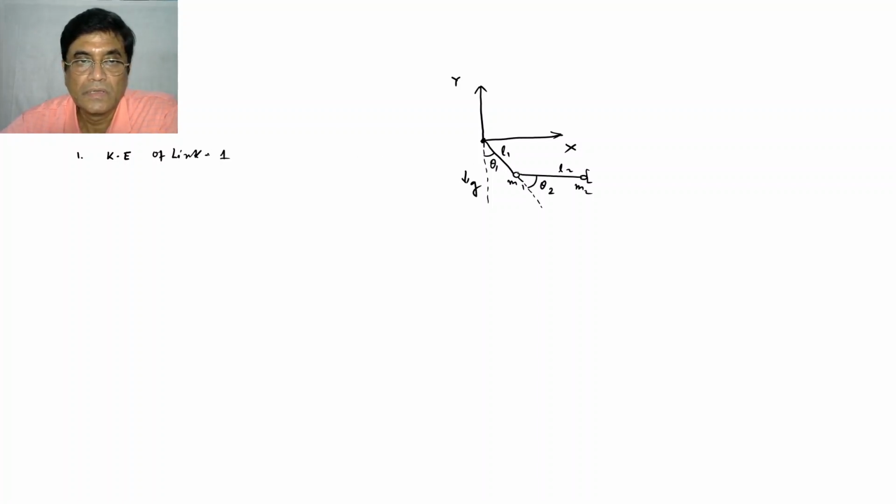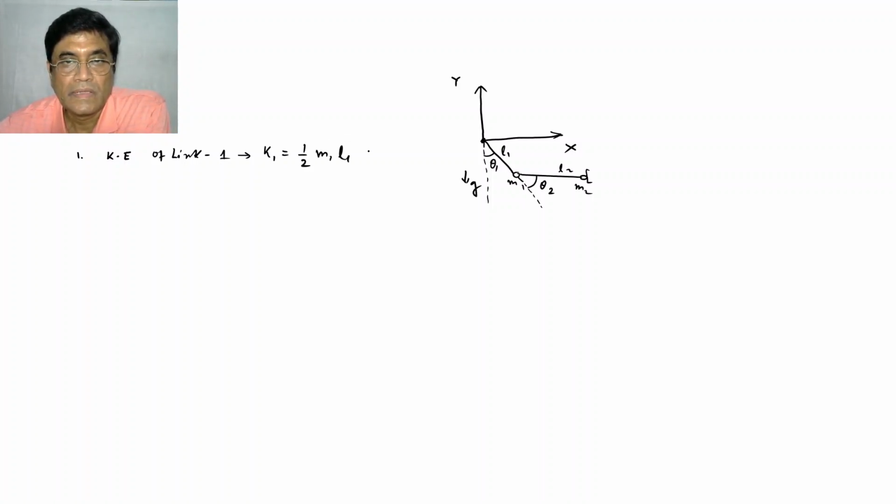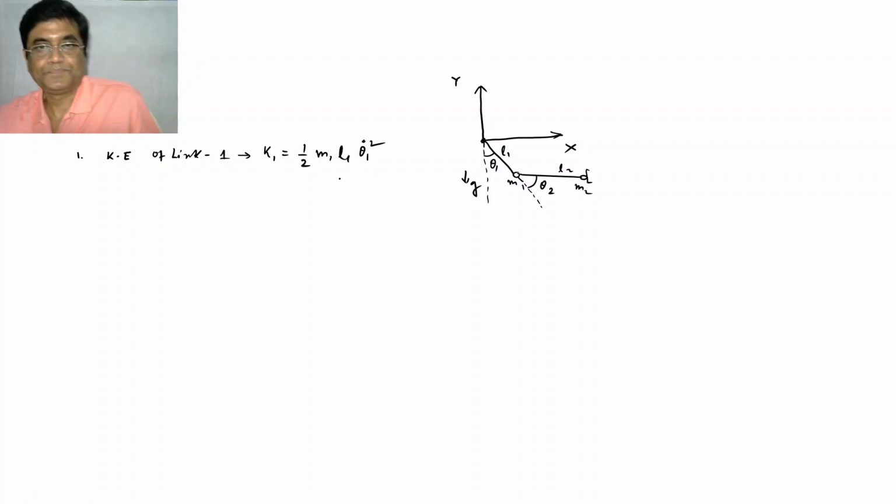This is equal to, say, K1 equals half m1 L1 theta 1 dot square, half m v square, where v equals omega r. Omega is theta dot. So this is as simple as this.